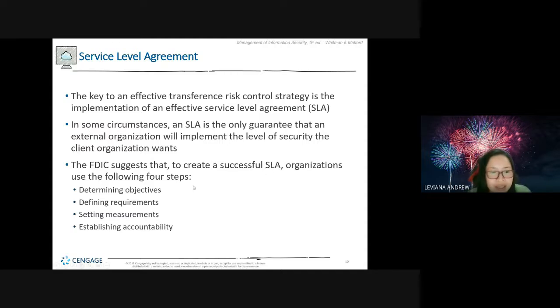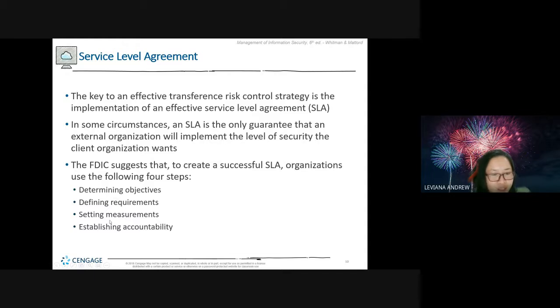So it will state the objective of the SLA, what do you want the IT consultant for you, and then define requirements, what the IT consultant wants the client to prepare for them in order for them to effectively do the risk treatment strategy for you.